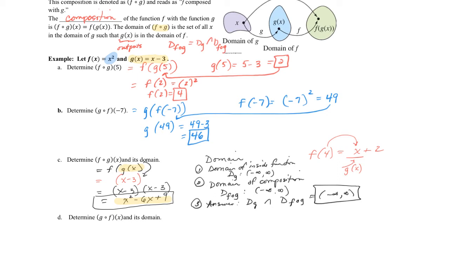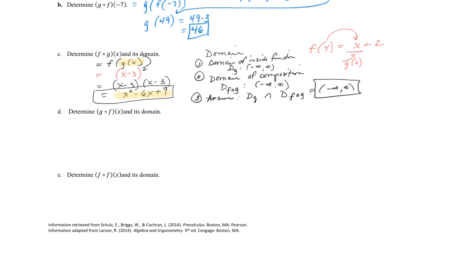Okay, so part D, scroll up a little bit here. Now we're looking at g composed with f of x, and we want to know what its domain is. So g composed with f of x is going to be g of f of x. Okay, and so now we'll start with the g of x function.